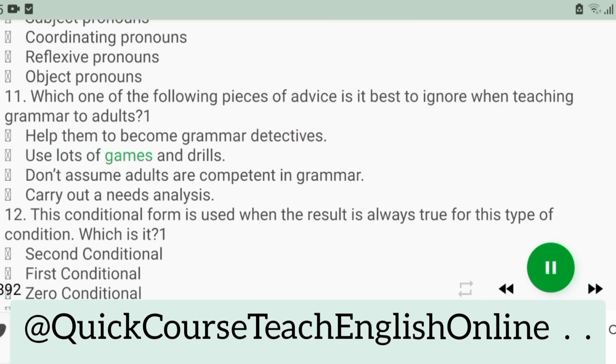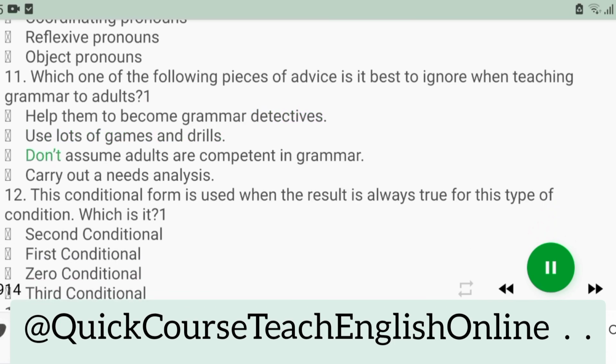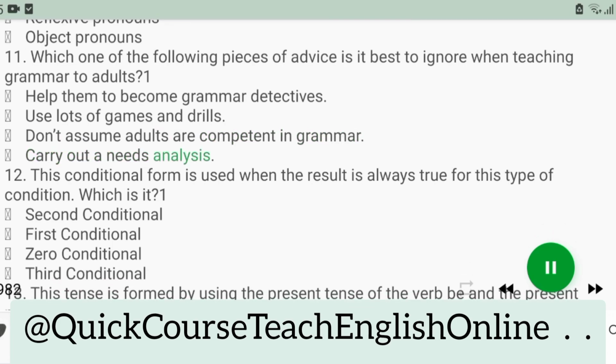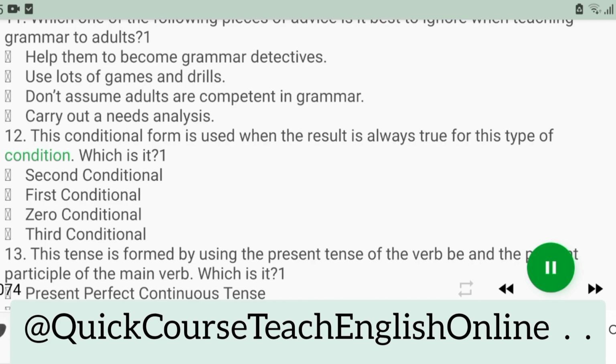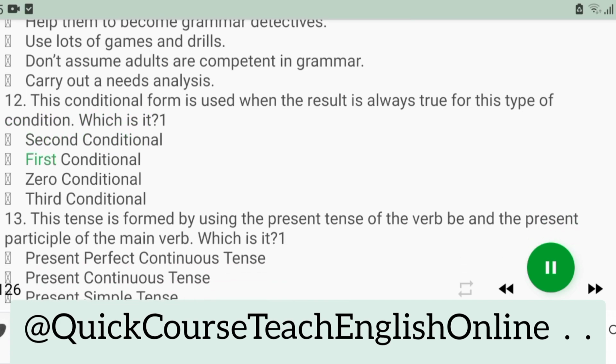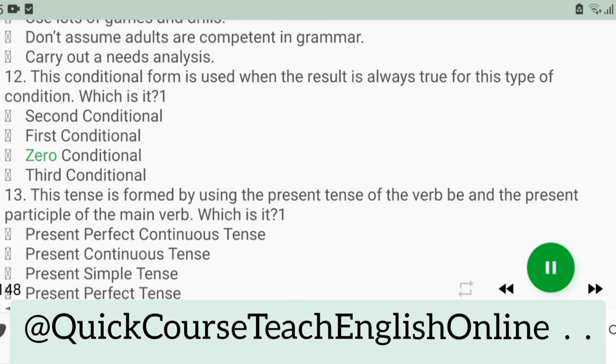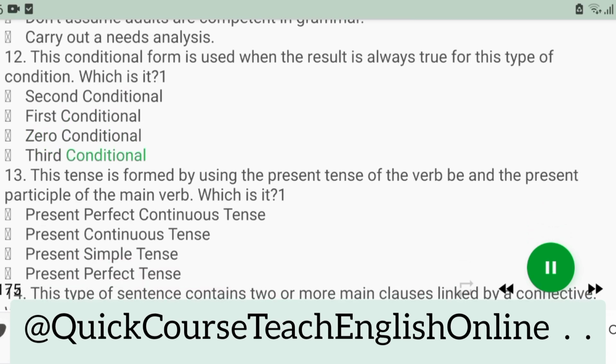Use lots of games and drills. 3. Don't assume adults are competent in grammar. 4. Carry out a needs analysis. 12. This conditional form is used when the result is always true for this type of condition. Which is it? 1. Second conditional. 2. First conditional. 3. Zero conditional. 4. Third conditional.